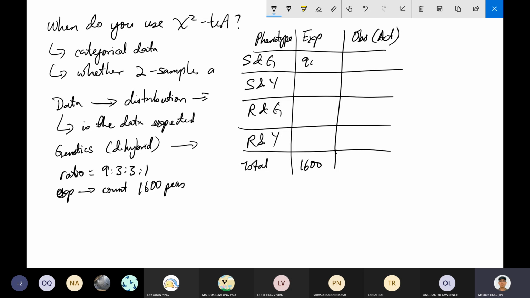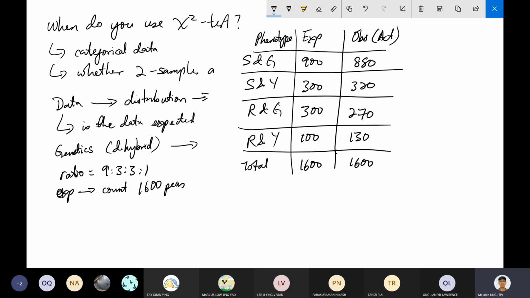I will have 900 peas to be smooth and green, 300, 300, 100, and so on. Correct? But in the actual experiment, you are not going to get exactly the same number. So you also count 1,600, but maybe here you hit 880, here you end up with 320, here 270, and this is 130.